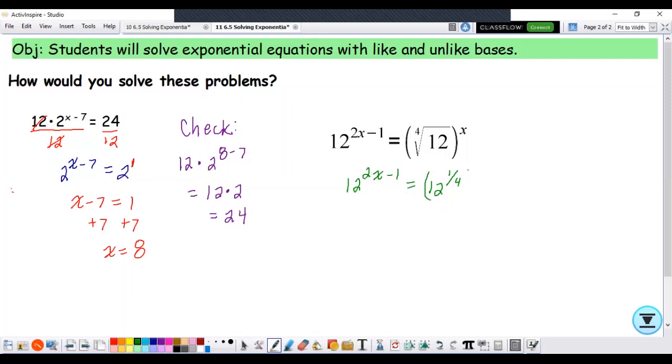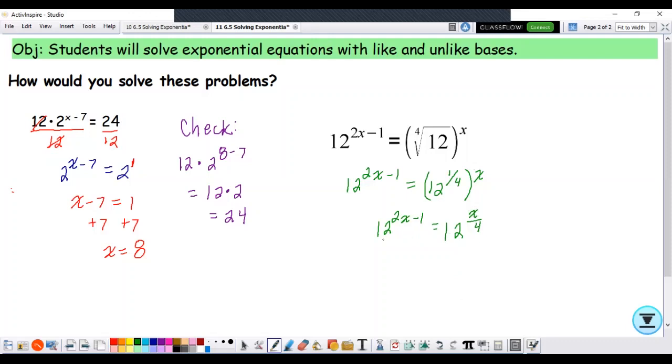So 12 to the 1/4 power to the x. And because I have a power to a power, I can write this as 12 to the 2x minus 1 equals 12 to the, when I multiply these, 1 times x is x over 4.